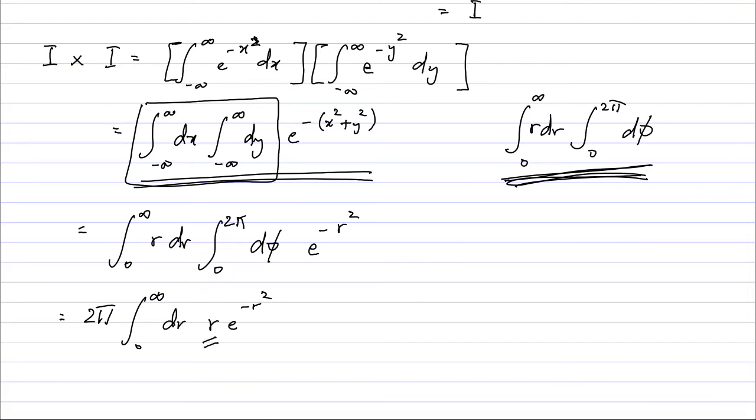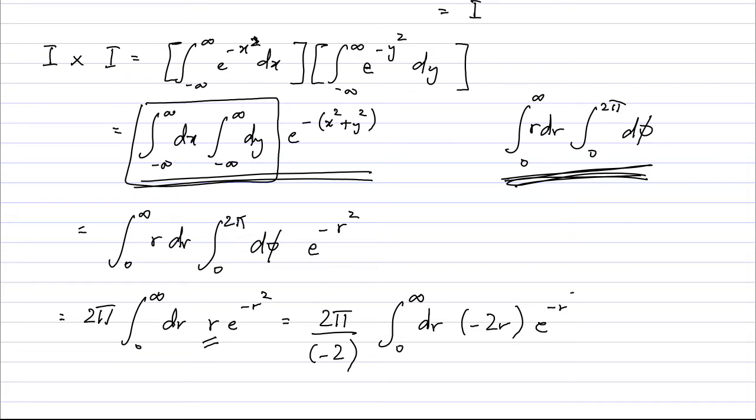Some part of it was already there. So this has to be equal to 2 pi times the integral from 0 to infinity dr, and then I have minus 2r over here, but then I need to put minus 2 over here so that you don't change anything overall.